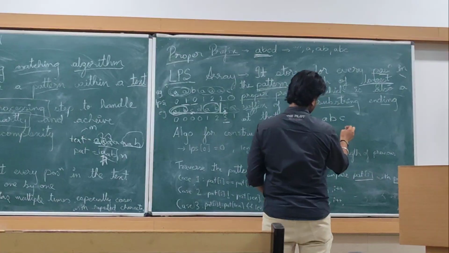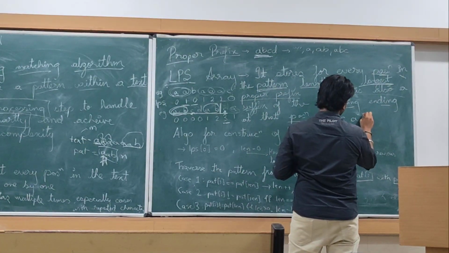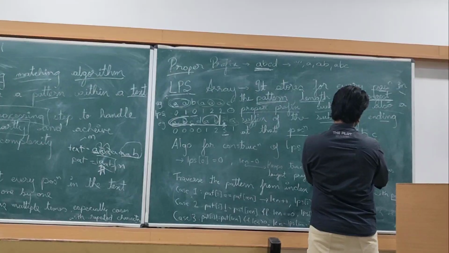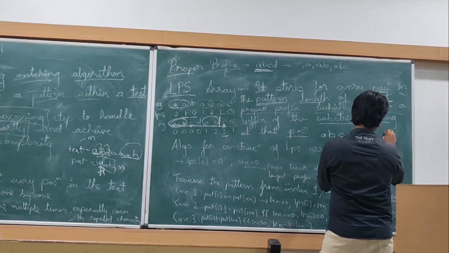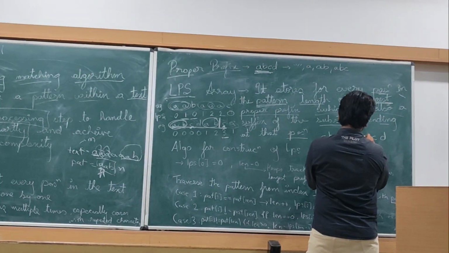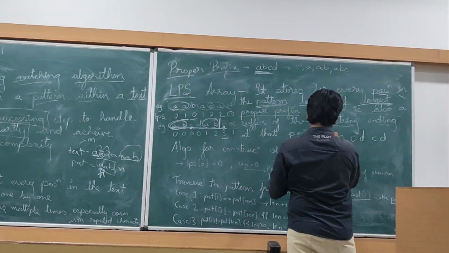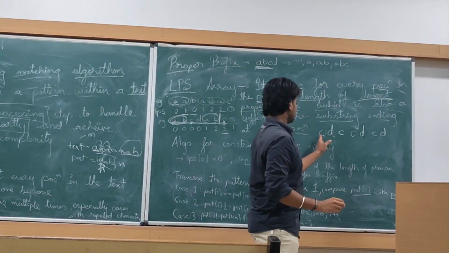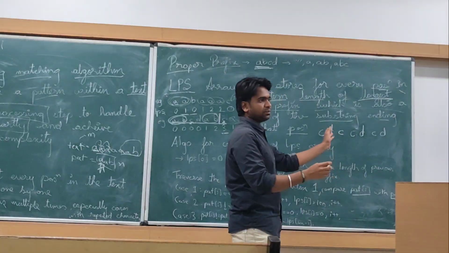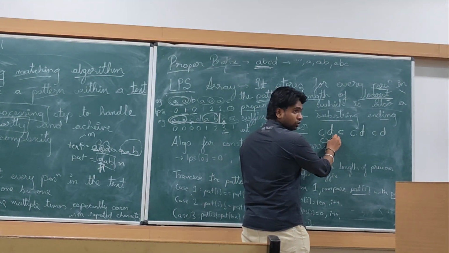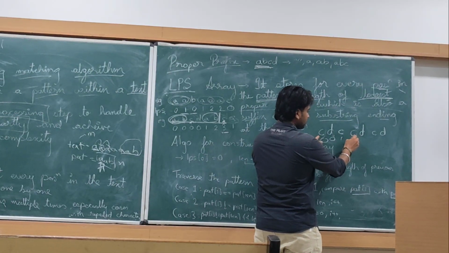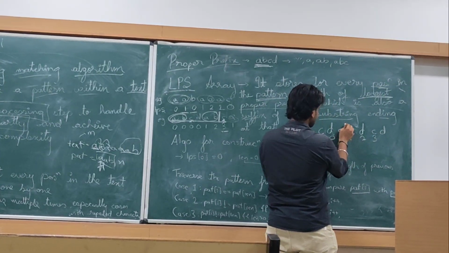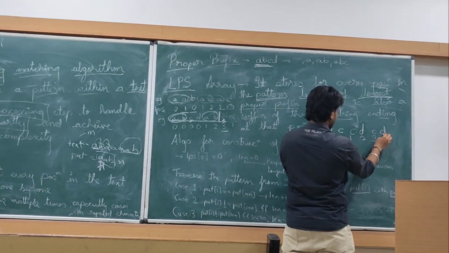Let's say A B C, A B C, so C and C matches. Let's say this is the case, C D C. So its LPS, if you build it quickly, what will it be? 0 0 1. This won't be 2, it will be 1, then 2, then 3.